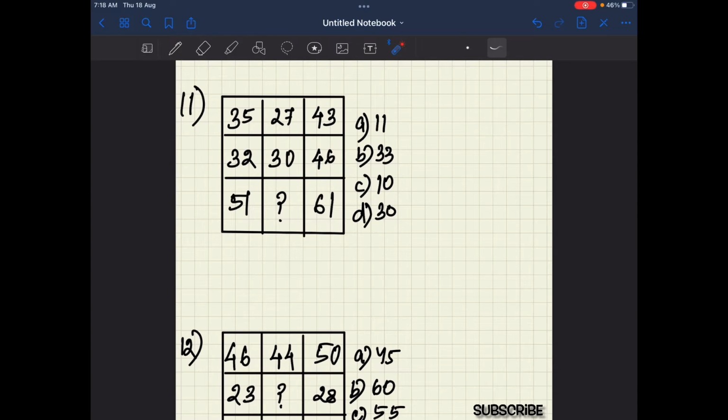If we carefully see, we can understand that some digit operations are going on, because we can see that 3 into 5 and 4 into 3 is 15 and 12, which gives 27, or 3 into 2 plus 4 into 6 gives 6 plus 24, which is 30.